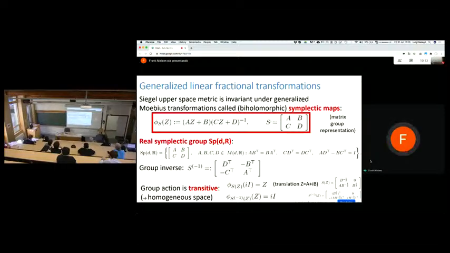We are given a 2d by 2d matrix S, which is a square block matrix with A, B, C, D. And you define for a complex matrix Z this transformation that you can see as a generalized matrix Möbius transformation, phi_S of Z. And the set of admissible matrices S shall have a very particular structure. It shall be satisfying this equation here.